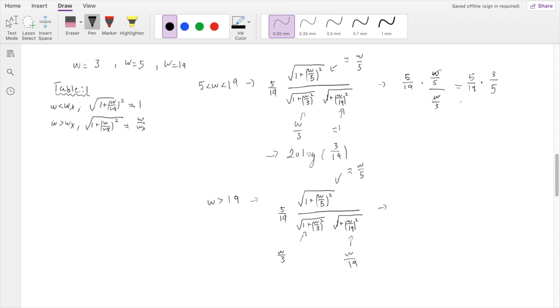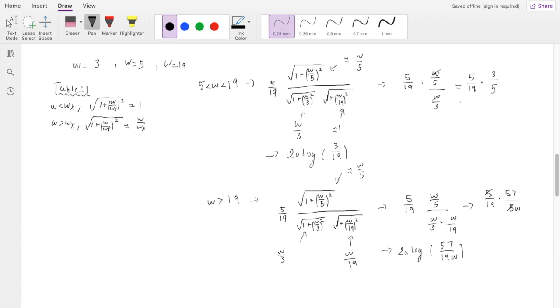So our new gain will be equal to 5 over 19 times w over 5 divided by w over 3 multiplied by w over 19. Simplifying this further, we get 5 over 19 multiplied by 57 over 5w. So now we can simplify this by crossing out the 5s, so we'll get 20 log 57 over 19w.